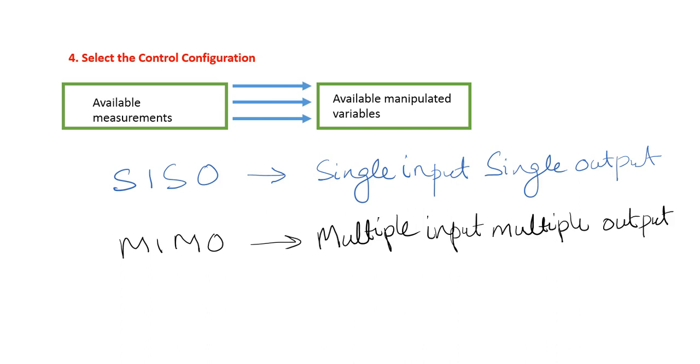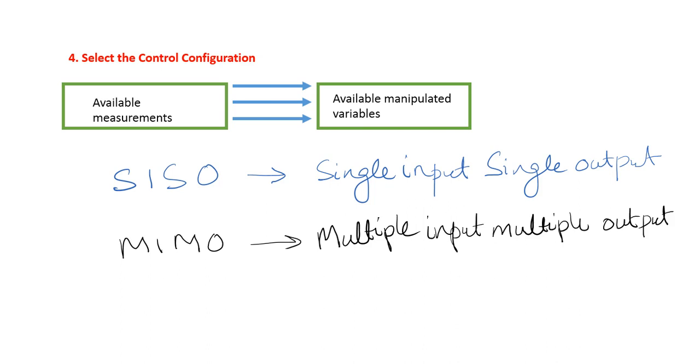So in that case I will be manipulating the inlet flow rate or the outlet flow rate along with the inlet temperature or the outlet temperature of the stream. So it becomes a multiple input and multiple output system. Clear? So our controller configuration can either be classified as a SISO problem or a MIMO problem depending upon the controller objective.